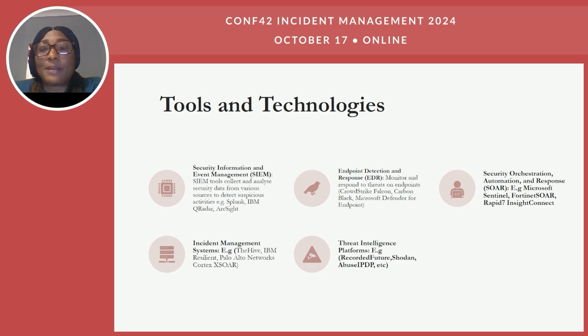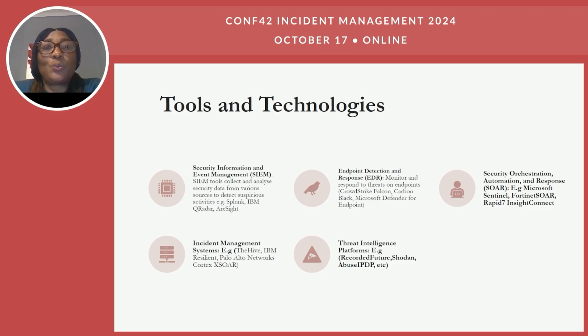One of the examples is Microsoft Sentinel. So there are different tools that could be used in that regard. We also have the incident management tools. So we have different tools within that category that could be used. We also have the threat intelligence platform. One of them is Recorded Future, and you have the rest of the others that could be used.